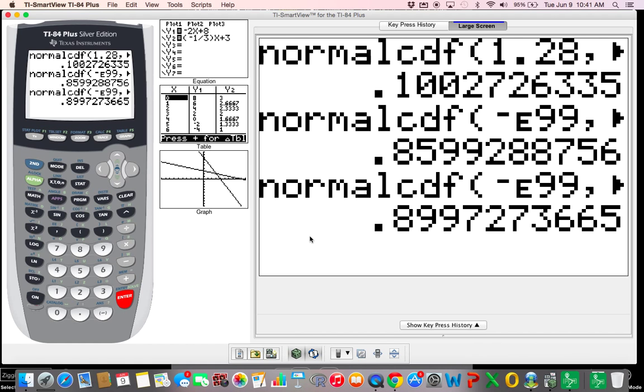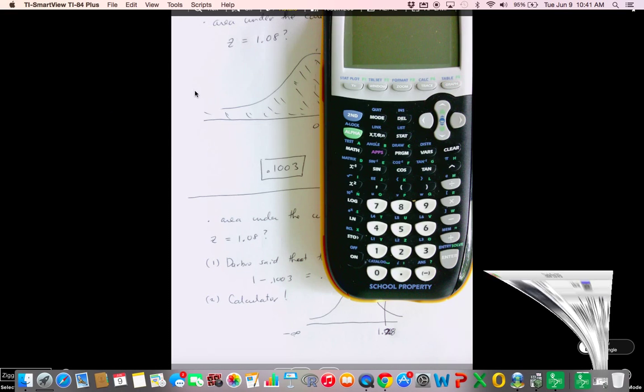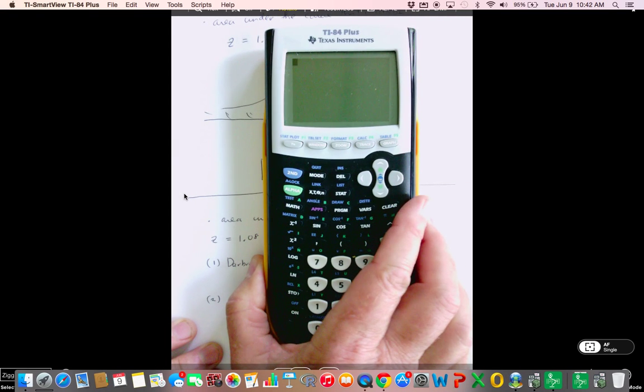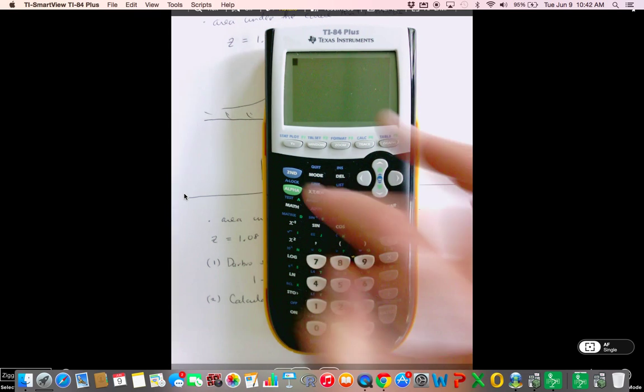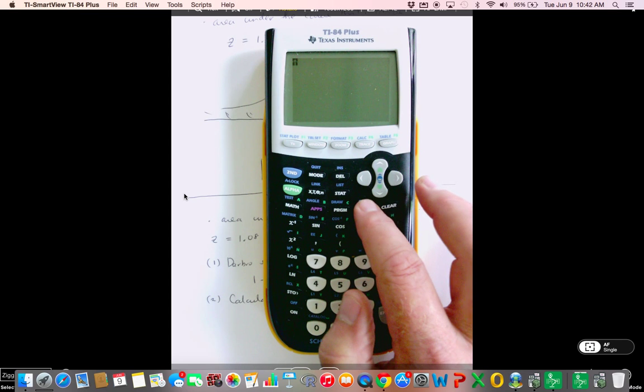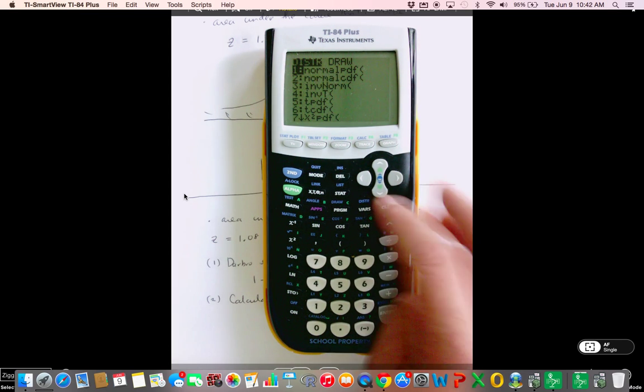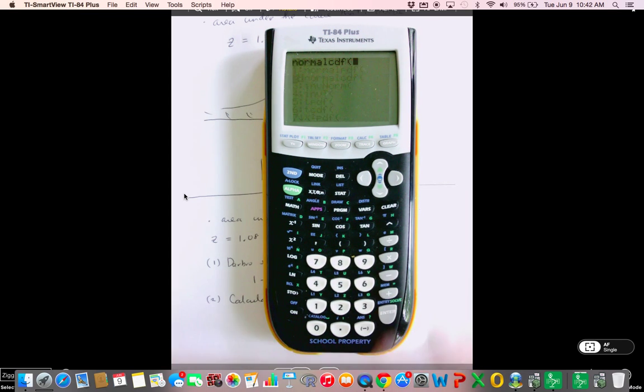The other calculator works the same way. I've got it right here. Hopefully you can see that. It does the same thing. You still go second function, normal CDF, just like before, and you still come down to number 2. The only thing it'll do is this will direct you right back to the home screen.